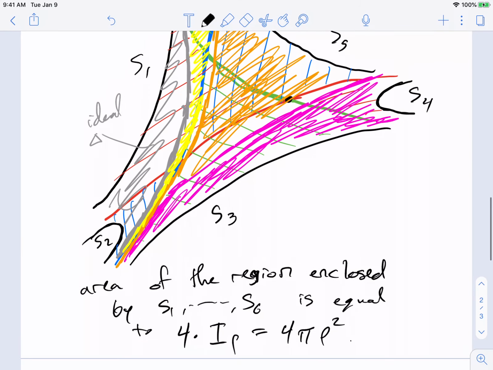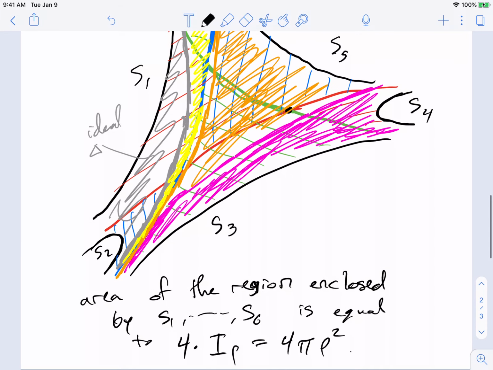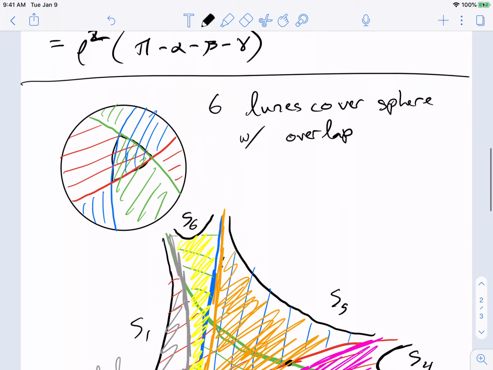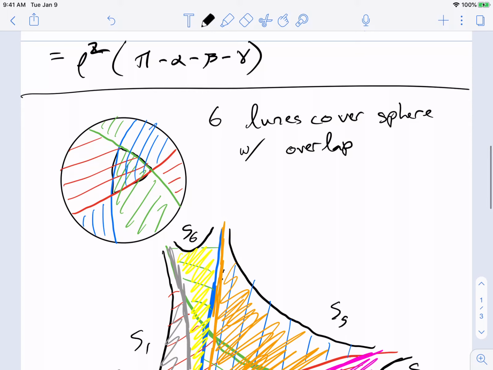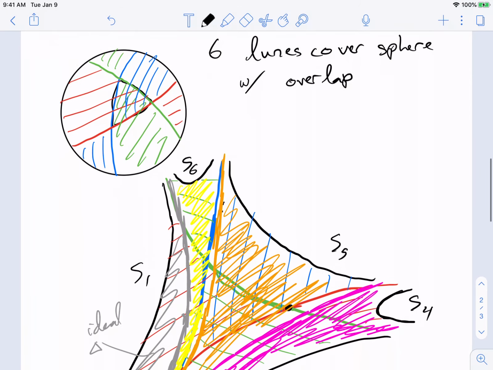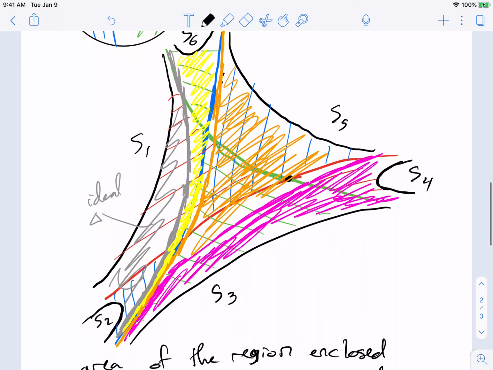Now that's very interesting because it's kind of analogous to the sphere. Remember, the surface area of the sphere was equal to 4 pi rho squared, where rho is the radius of the sphere. And the surface area of the sphere was covered by these 6 lunes with a little bit of overlap. We have the exact same thing here, right?